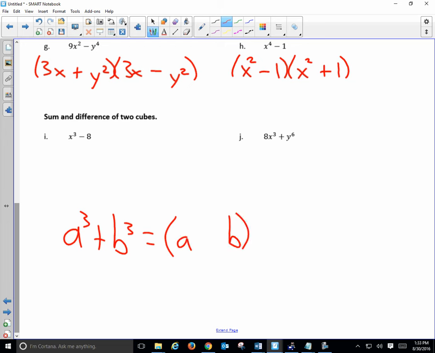And if it's addition, it's addition. Square of the front, square of the back, multiply the two together for the middle. The end is always plus, the middle is opposite this one.